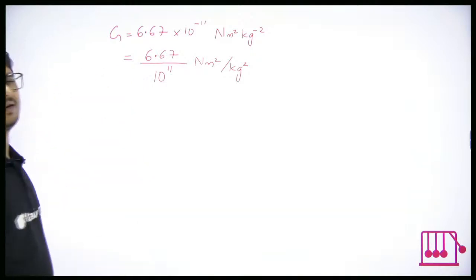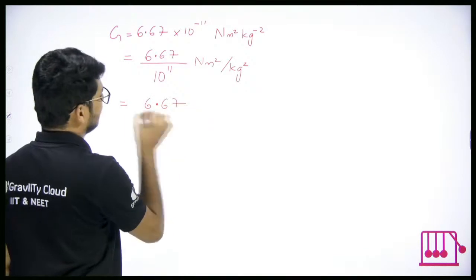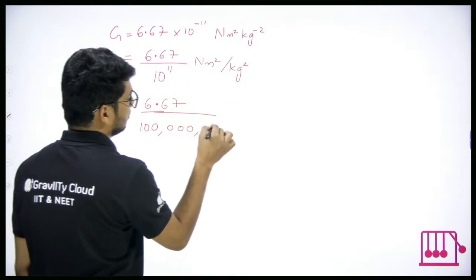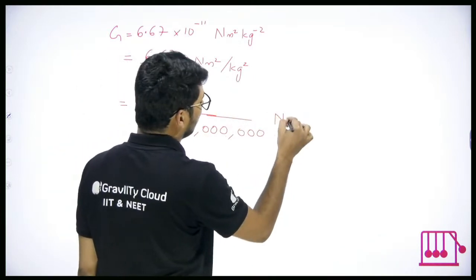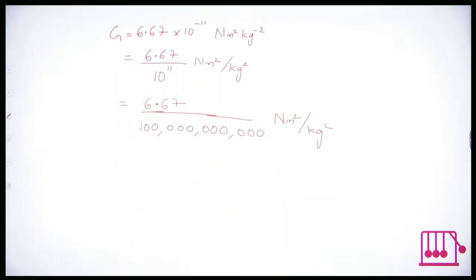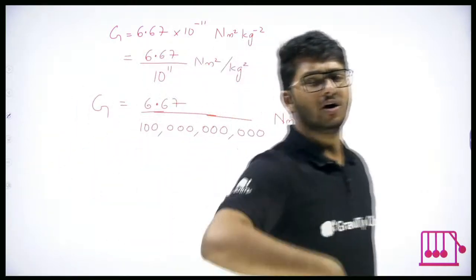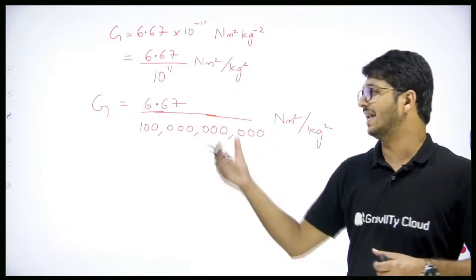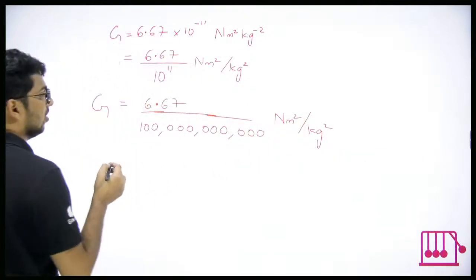Now look at 10 power 11. The power 11 means, in this case for 10, it is just 11 zeros. Is the value of capital G very small or very huge? 6.67 is divided by this, so it will be a very small value.